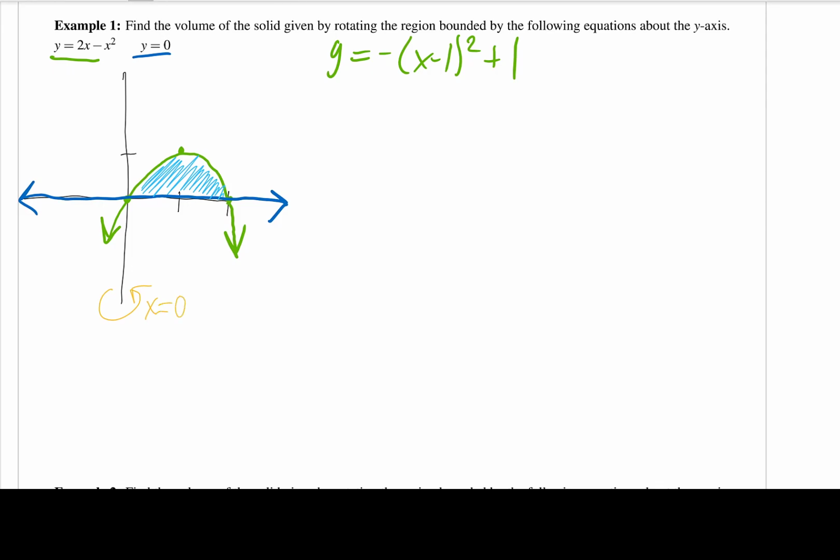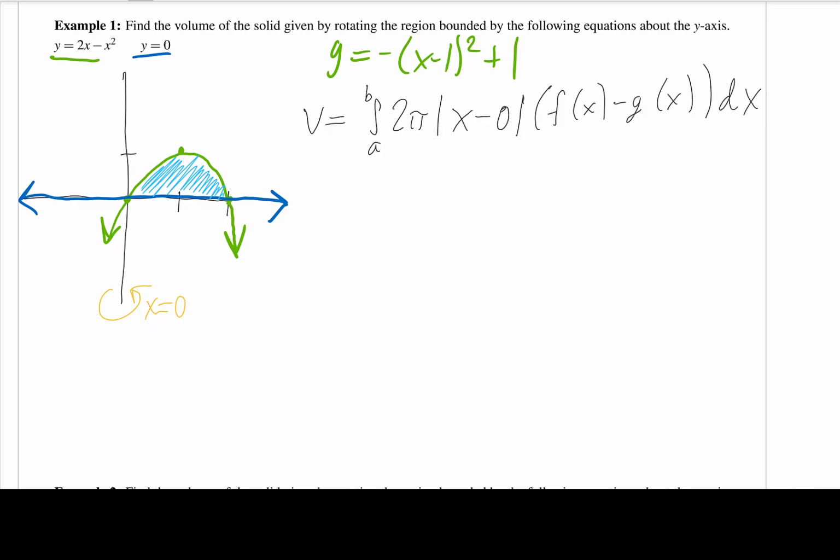So we're revolving about a vertical line, which means that our volume should look like the integral from a to b of 2 pi absolute value of x minus c. Whoops. And here I'm going to replace our c with what we've been given. We're given x equals 0, so our c should be 0. Times f of x minus g of x dx.